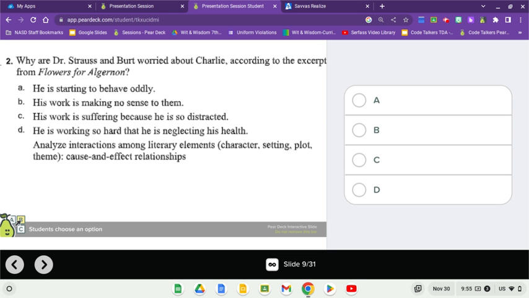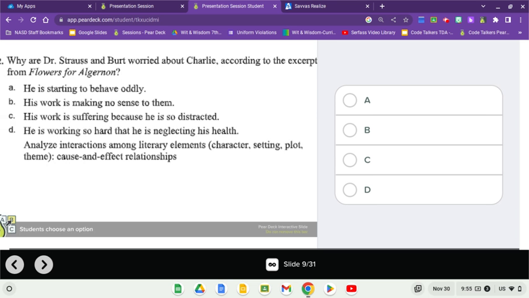B. His work is making no sense to them. C. His work is suffering because he is so distracted. Or D. He is working so hard that he is neglecting his health. All right. And again, we are going to be analyzing interactions among literary elements, cause and effect relationships. That's all part of this question here. Go right ahead and take your guess.